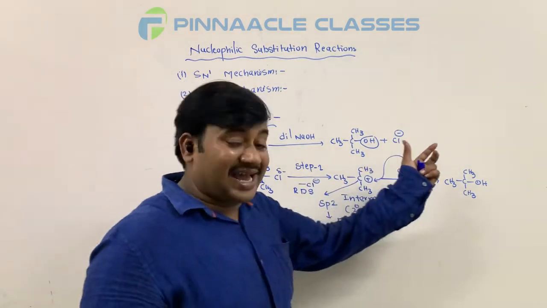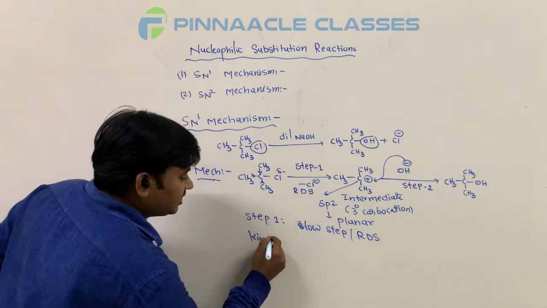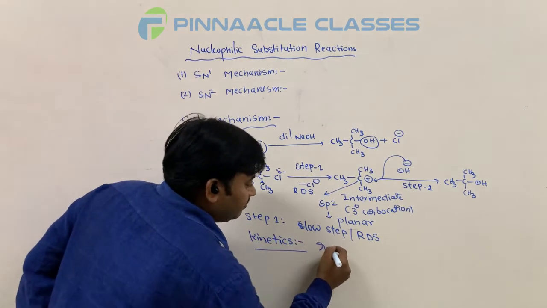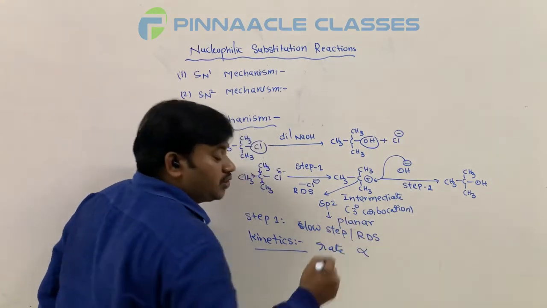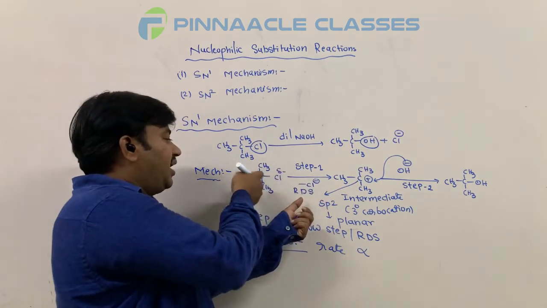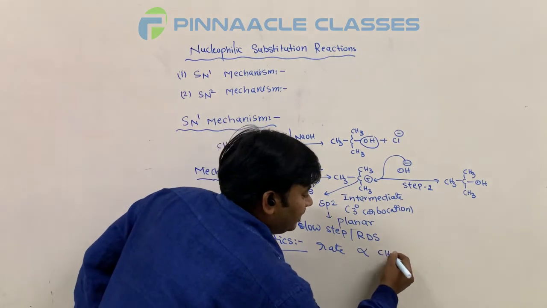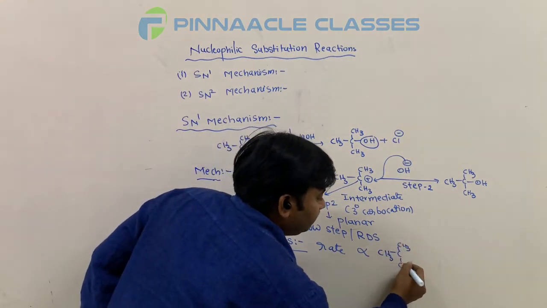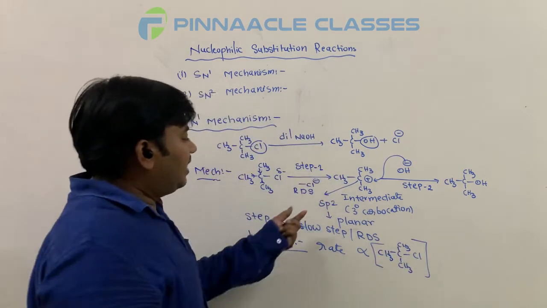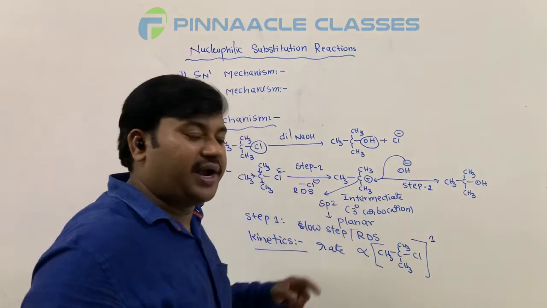If you observe the kinetics of this reaction, according to kinetics we know that the rate of reaction is directly proportional to the reactants involved in the rate determining step. Here only one reactant is involved, the tertiary butyl chloride. So this is the reactant involved in the rate determining step. So what is the order of this reaction? It is 1.